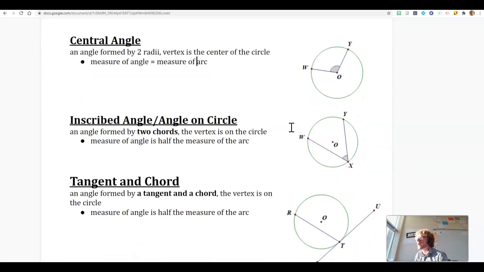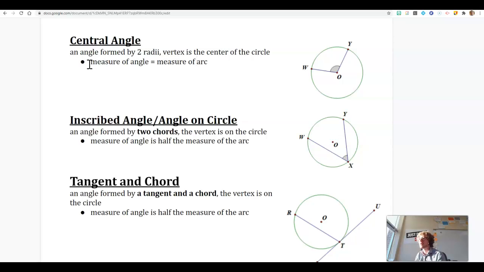Another type of angle that we have is an inscribed angle. And an inscribed angle is formed by two chords. So a chord, they intersect at the same point. That is an inscribed angle. We're going to get into the relationships between these two.